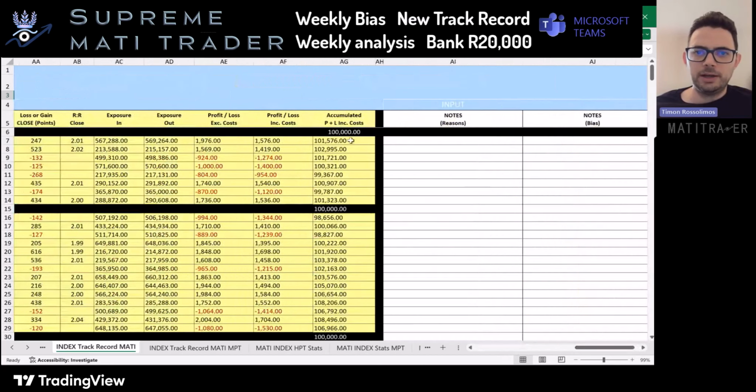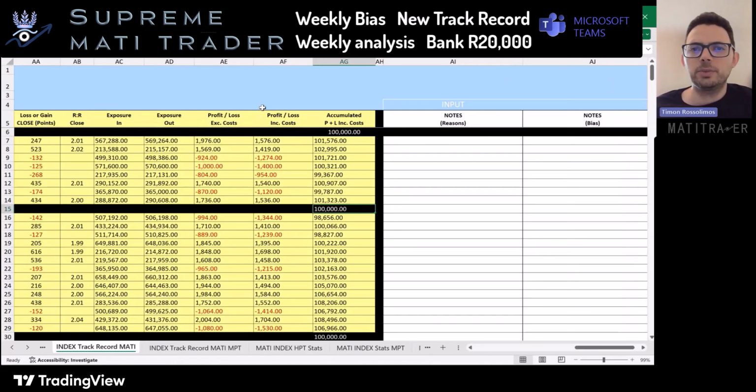So you can see here is a 100,000 Rand portfolio. A month went by, and then we started with a 100,000 Rand portfolio instead of compounding. The reason is because you want to see how many points the market generated, and then you can put your own portfolio values to see how it would have generated your performance. So there is profit and loss excluding costs.